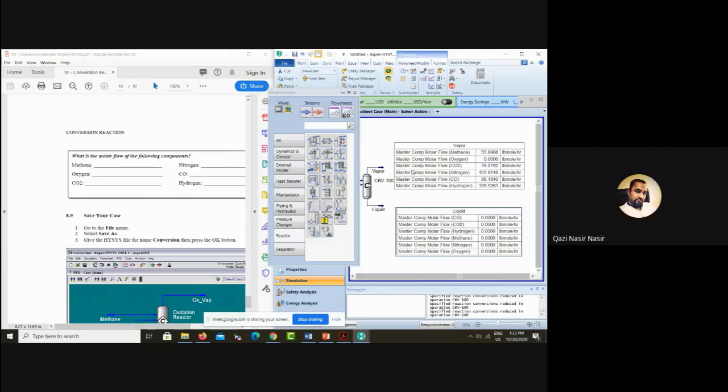In a later exercise I will show how we can improve the conversion of methane by using a recycle. But here you can see that we are still producing carbon dioxide and carbon monoxide, which in the next lecture we will try to minimize, or indirectly we will try to increase the production of hydrogen. So this is all for today's lecture.